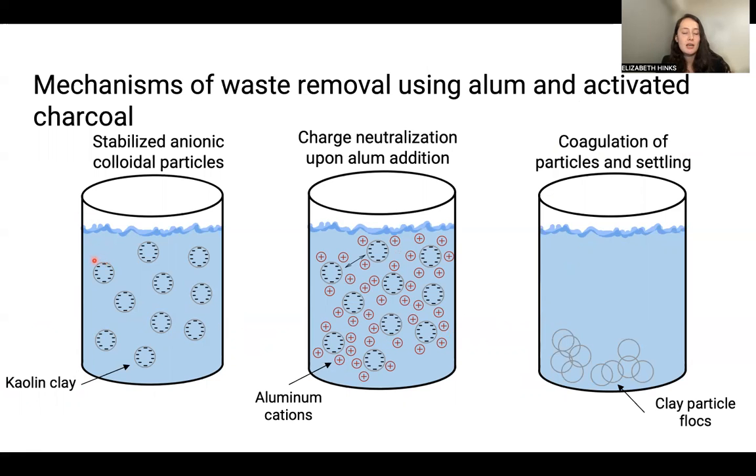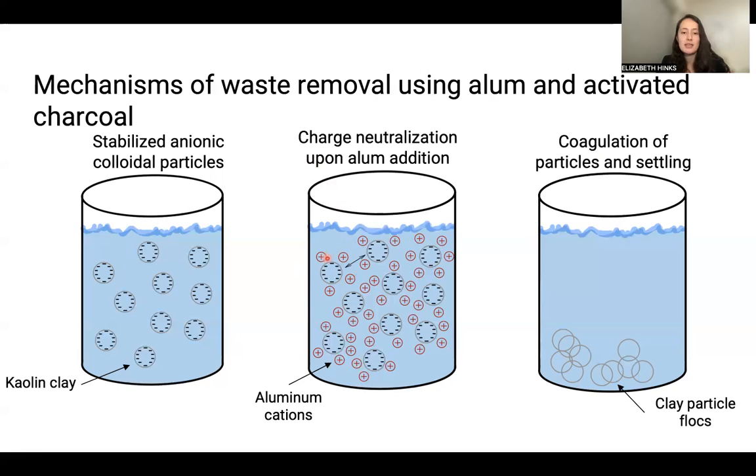Before the alum is added, the particles are suspended colloidally within the solution due to their negative surface charge. When alum is added, the positive cations from the aluminum interact with the negative surface charge in a process called charge neutralization.